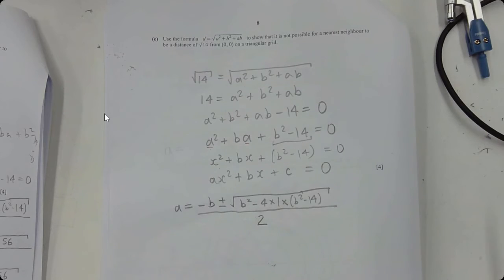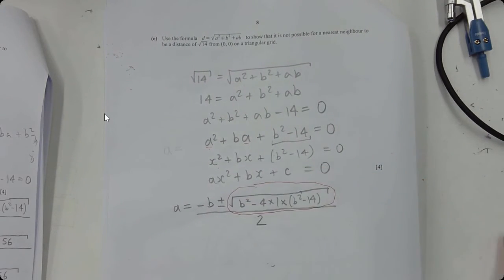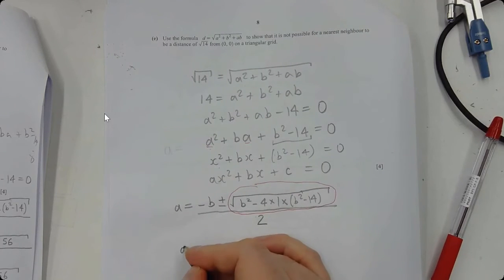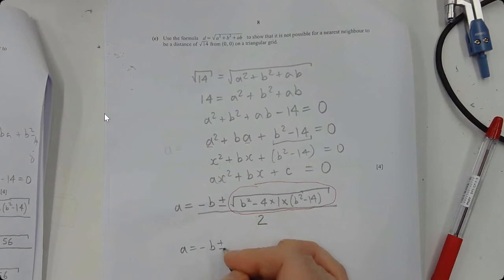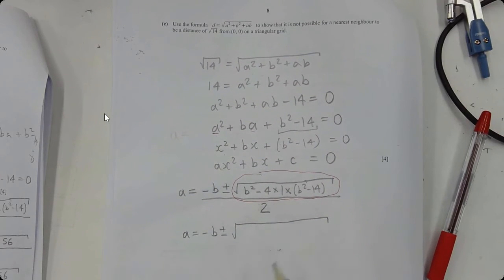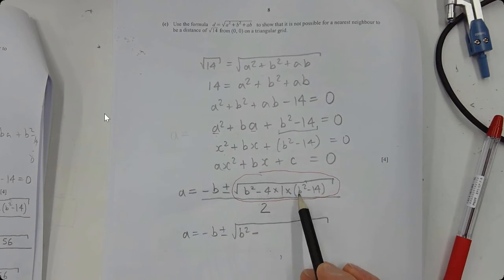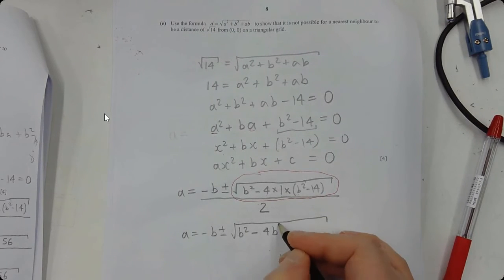What we're going to focus on is this part here, and this is actually genuinely going to help us. I am going to simplify that, so I expand the brackets here. So I've got b squared minus 4 times 1 times b squared, so that's minus 4b squared.